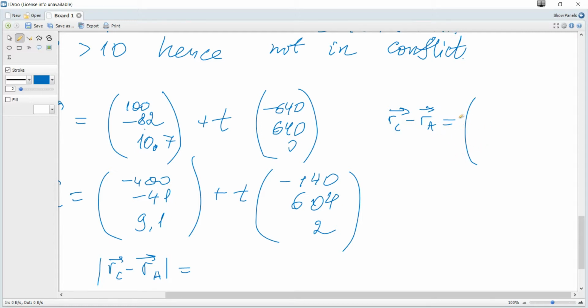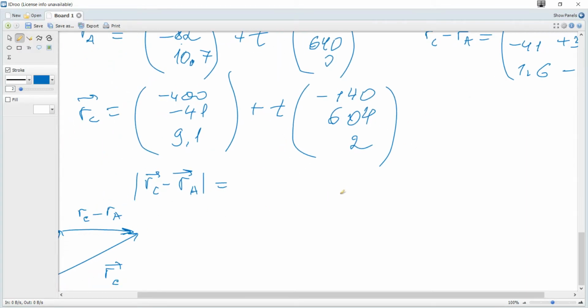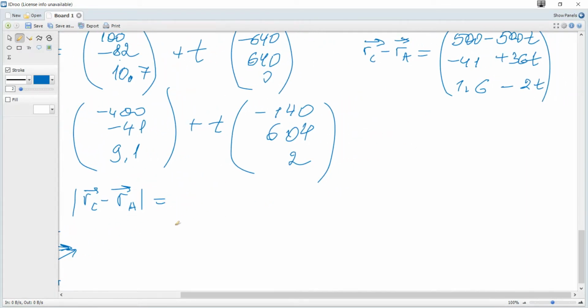So it becomes 500 minus 500t, negative 41 plus 36t, 1.6 minus 2t, and it's this vector at any moment of time, and the magnitude or the length of this vector becomes the square root of the sum of squares of its coordinates.